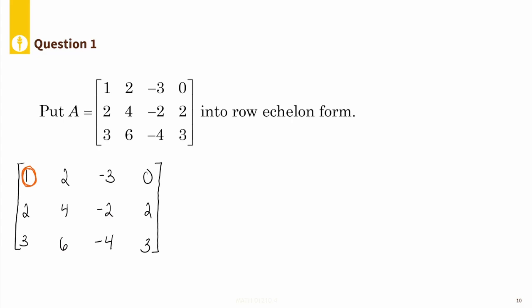We now use that pivot to zero out every entry below it by using type 3 row operation.